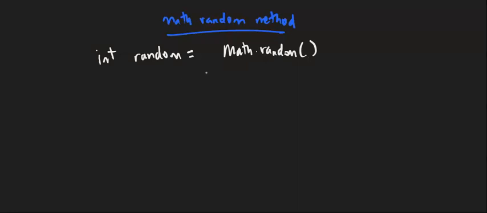Now, the way this goes is as follows. Listen to this carefully. We multiply, and I'm writing the asterisk because that's what multiplication is, this Math.random by the range of numbers that we would have. When I say range, I don't necessarily mean the maximum minus the minimum.